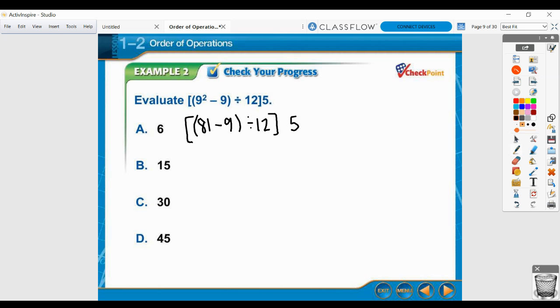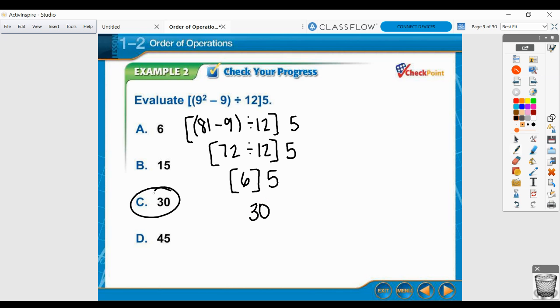So 81 minus 9 is 72. Do what's inside of the brackets still. So 72 divided by 12 is 6. And then the brackets act like another parenthesis. So 6 times 5 would be 30.